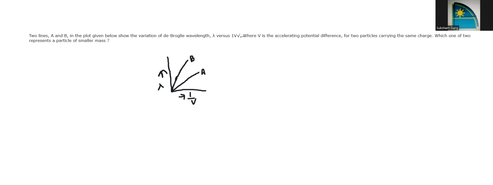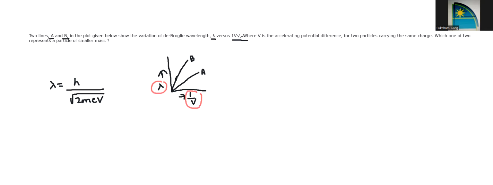So in this given question, again, we are using the same formula. Remember, lambda is equal to h upon root of 2m e into V. In this question, they told that there are two lines A and B, and the plot is between lambda versus 1 by V. Lambda means wavelength and 1 by V means 1 upon potential.